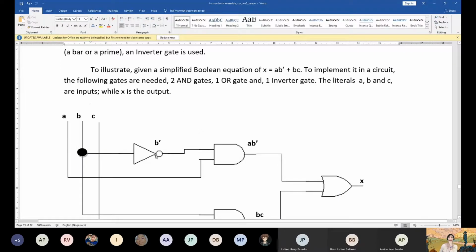Then B prime is multiplied by A, so that means you have to use an AND gate.